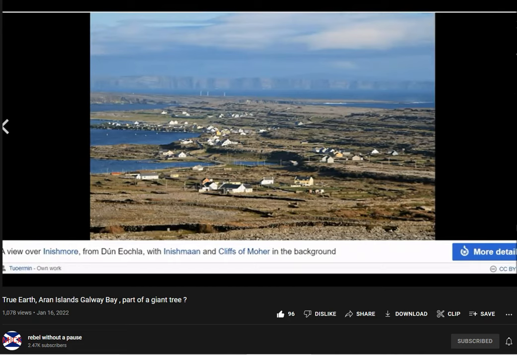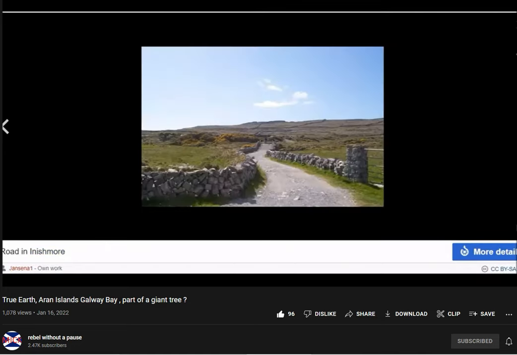And another great view of the islands and these cliffs. And I think this is relatively recent. I don't think that's old at all. That's a replacement.